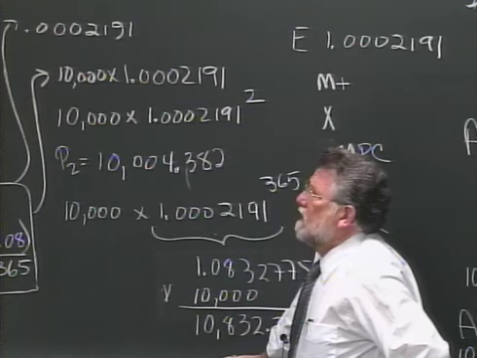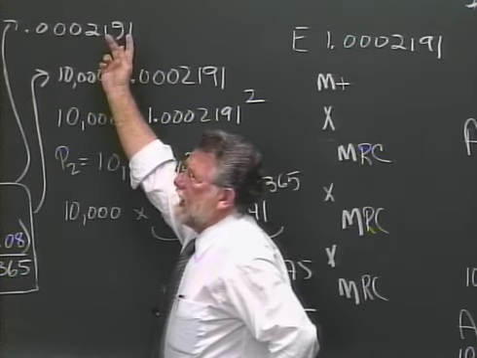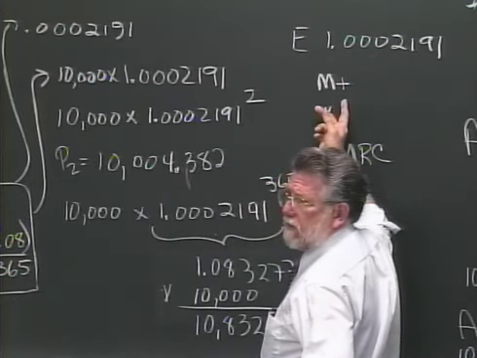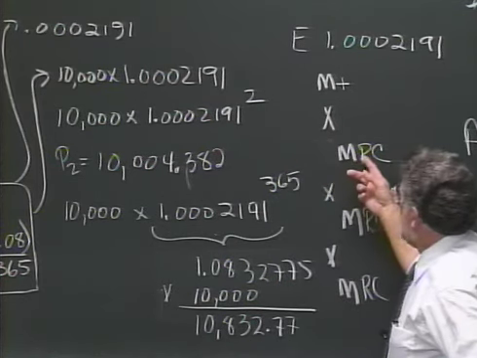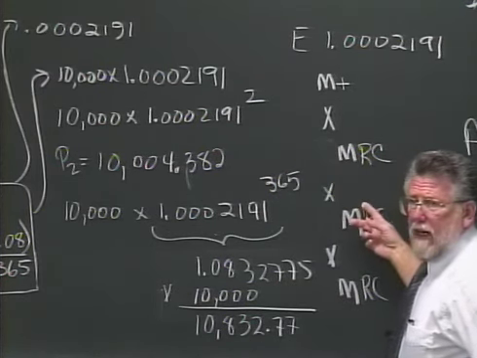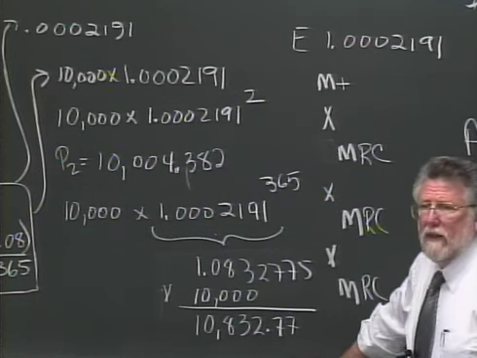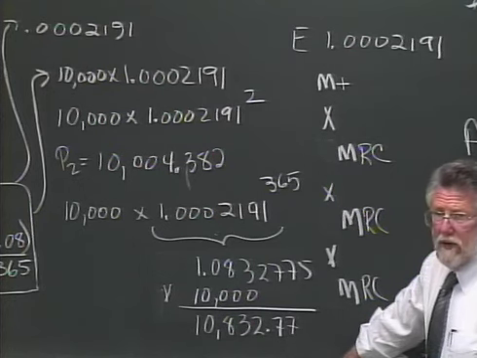Okay. So I took my 0.0002191 and I added 1 to it and get this number. I put that in memory. M plus, same way. And then I would hit times MRC times MRC. How many times do I have to do that? 3 times. 364 times before I hit the equal sign.